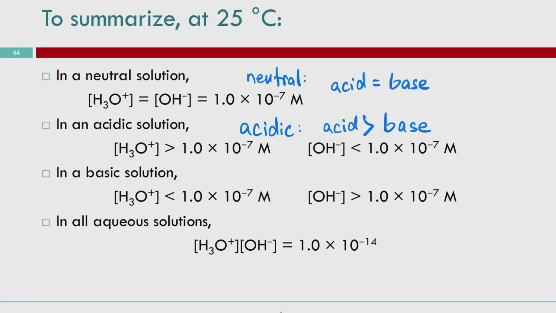There is still going to be some base present. In a basic solution, I'll write acid less than base. So acidic describes something where we've got extra acid, more acid than base. Basic describes something where we've got more base than acid.